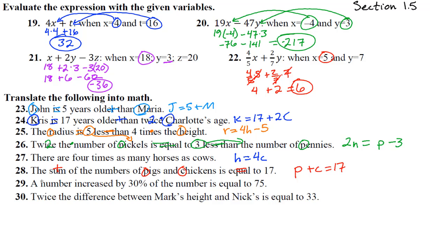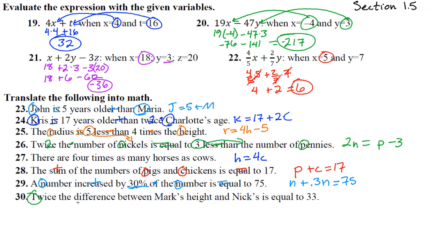A number, n, increased by 30%, that's going to be 0.3 of, that's times, the number is equal to 75. So number increased by 30% is, move the decimal 1, 2 places, make it 0.3 of the number equals 75. Excellent.